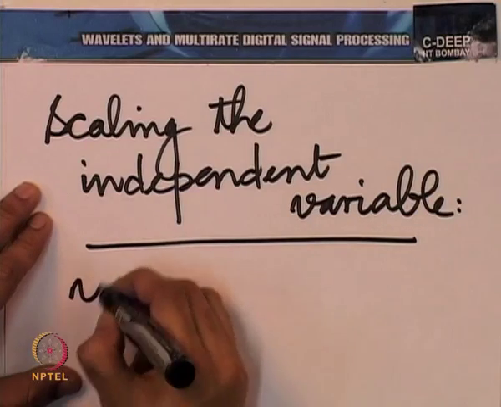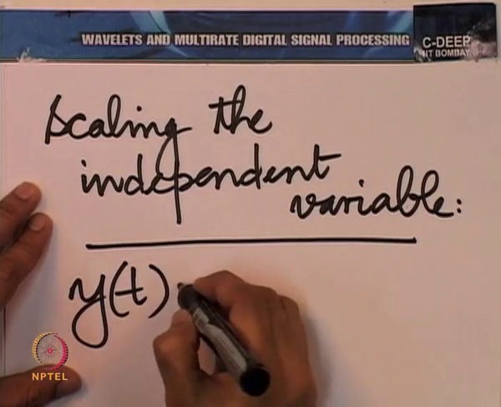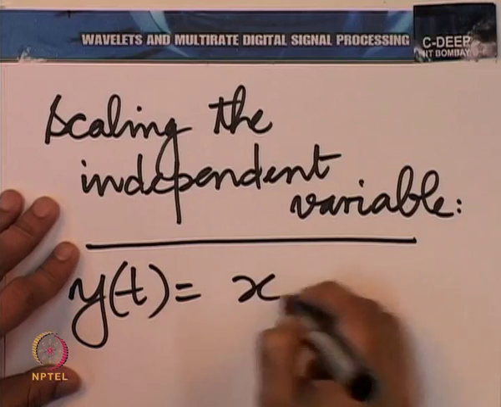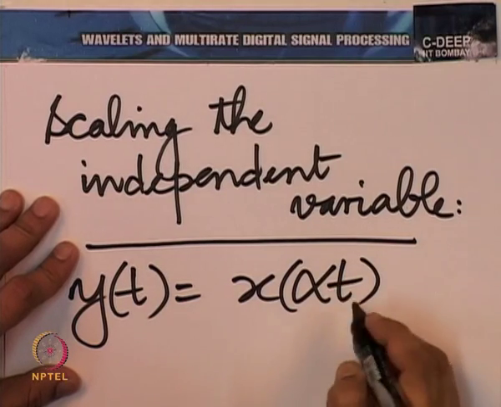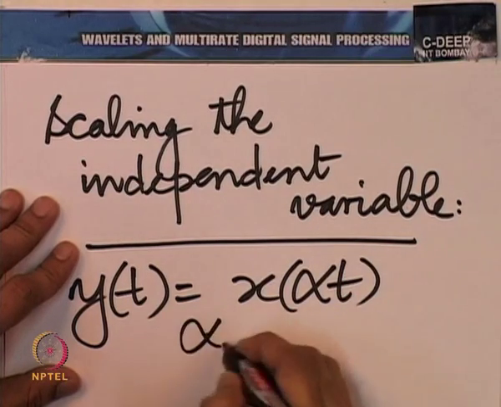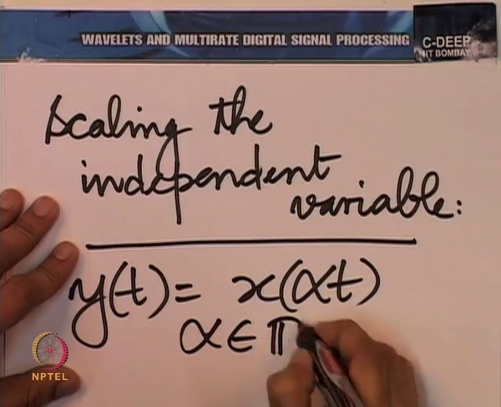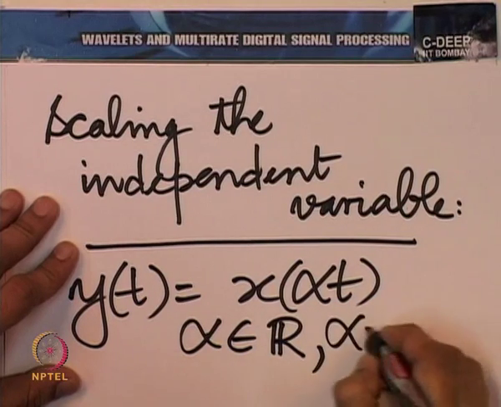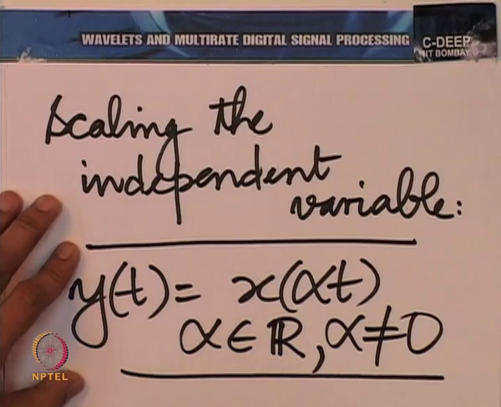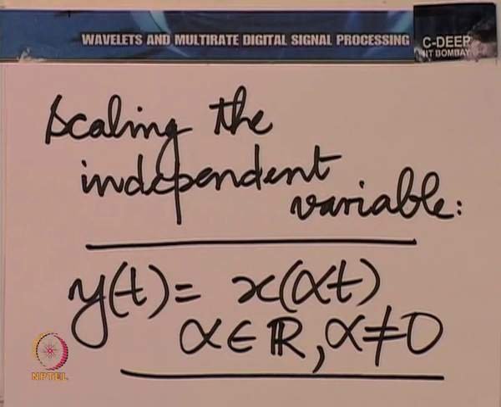In other words, let us consider y t equal to x of alpha t, and alpha is a real number, alpha not equal to 0. Now, we know what happens to the Fourier transform in this.